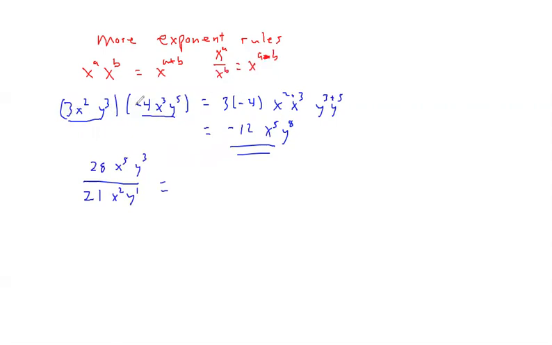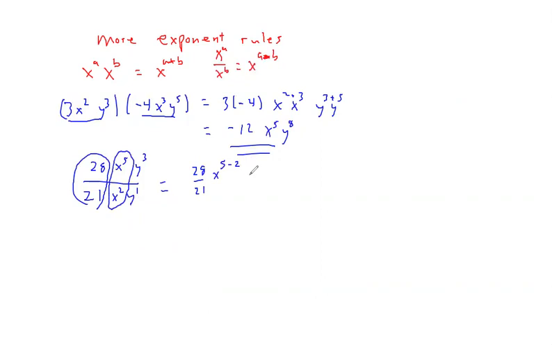We took 3 times negative 4. Then we took x squared times x cubed. And then we took y cubed times y to the 5th. Well, let's do the same thing. Let's go 28 over 21. Let's break this problem up into 3 problems and work each one.